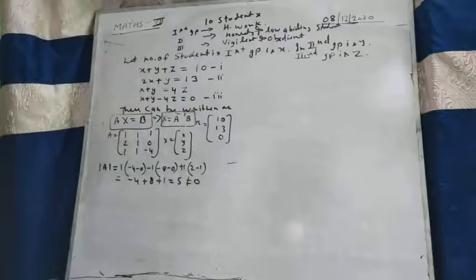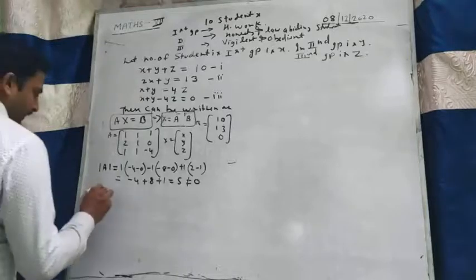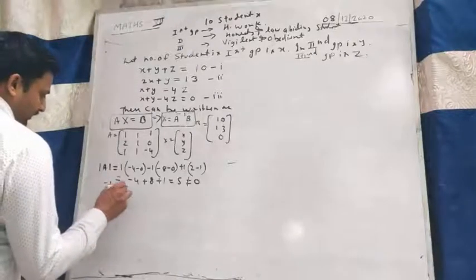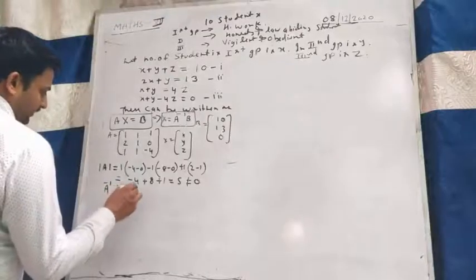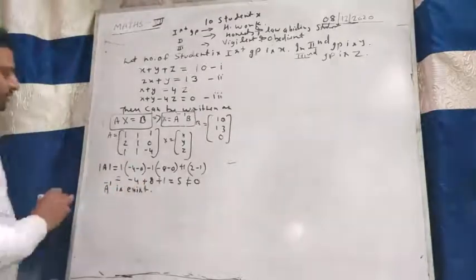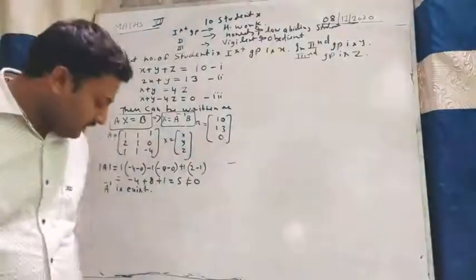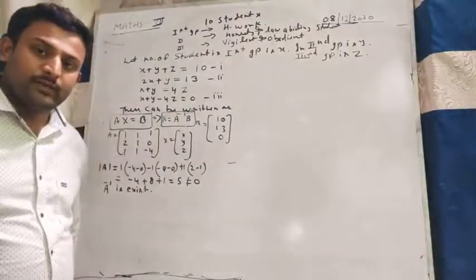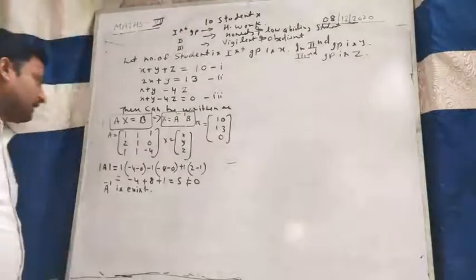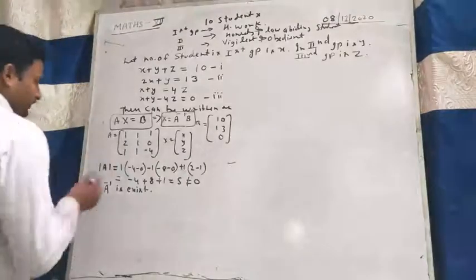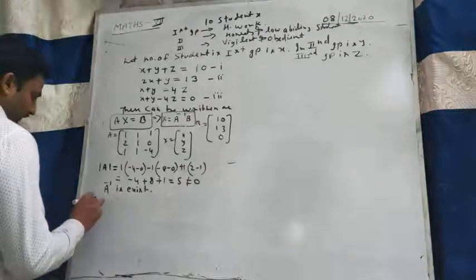So the determinant is not equal to 0, and we can say that A inverse exists. So to find A inverse, we will find the adjoint of A, and for that we will find the cofactors.